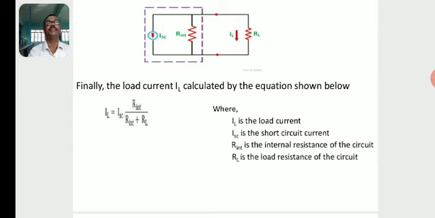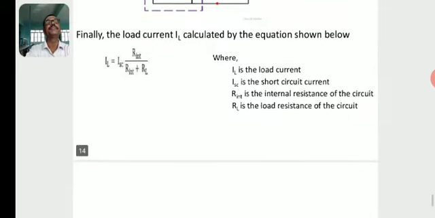RL we know. So by using these quantities, we can calculate the current flowing through the load resistance according to Norton's theorem.